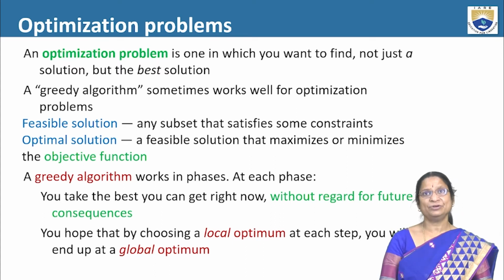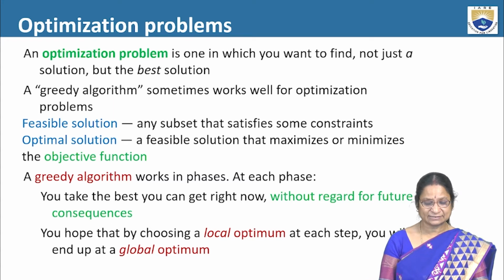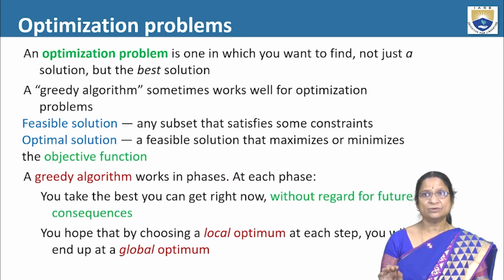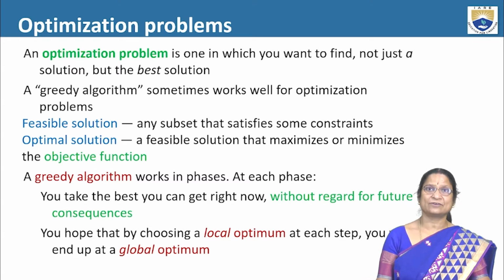How does this greedy technique work? It works in phases. At each phase, it considers what is the best option at that particular time, that's all, without considering the future consequences.